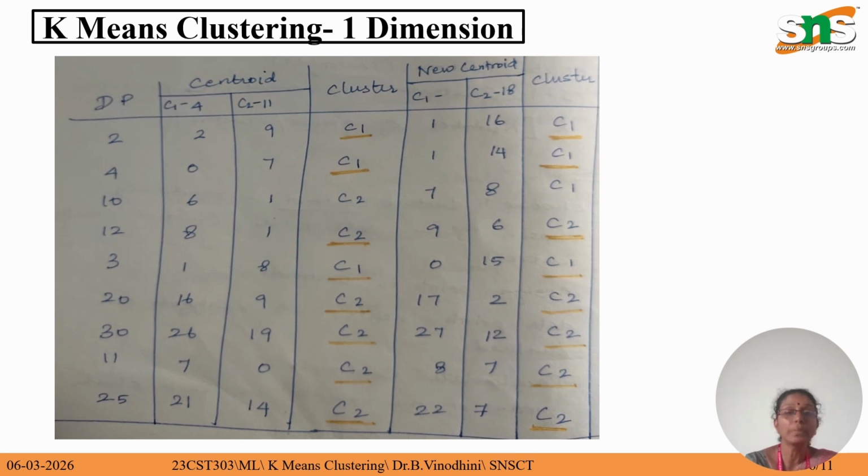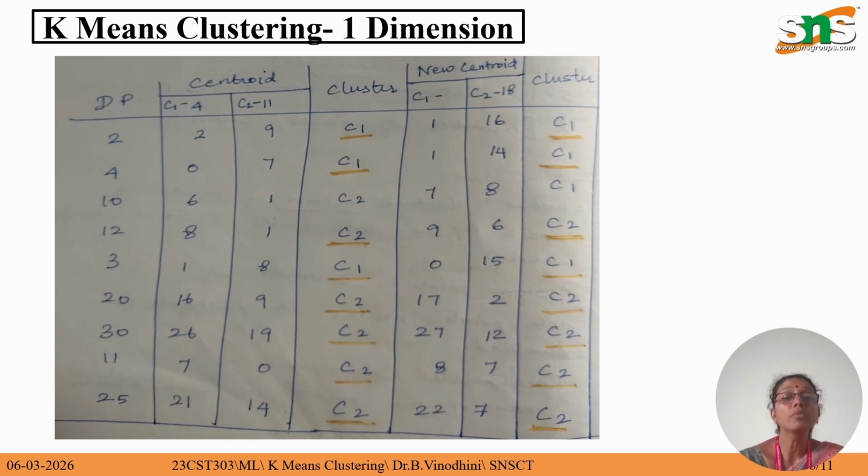In the slide, we have a tabular column. The first column shows the data points. Next, we have the initial centroid values. Here we are using two clusters. Cluster 1 centroid initial value is 4, and cluster 2 is 11. From the cluster 1 centroid value, we calculate the distance to each data point.